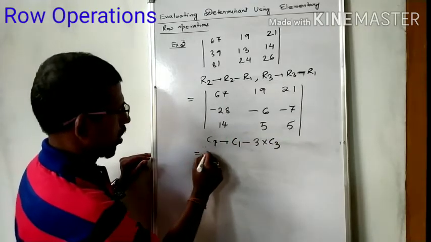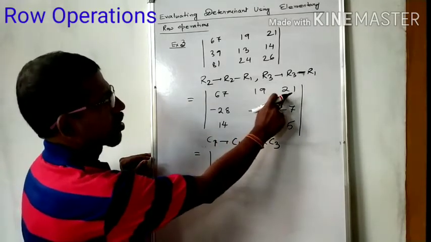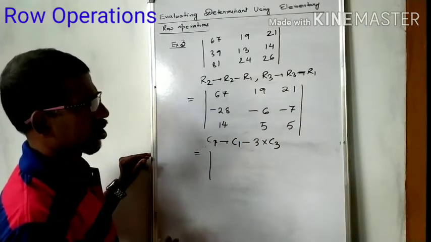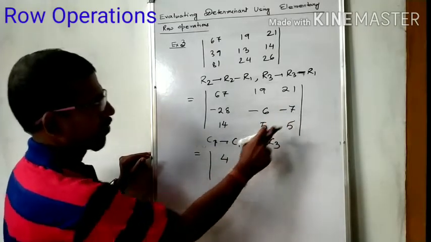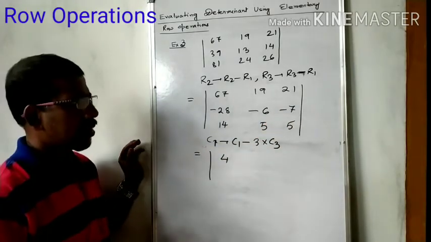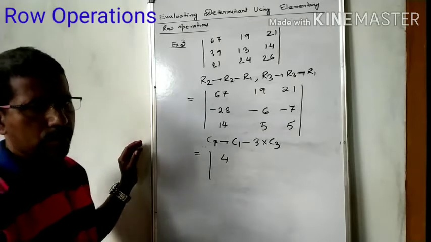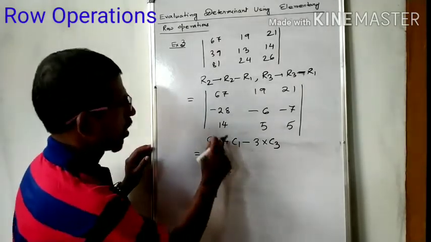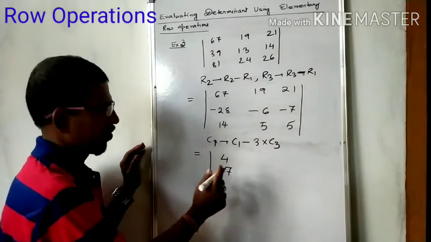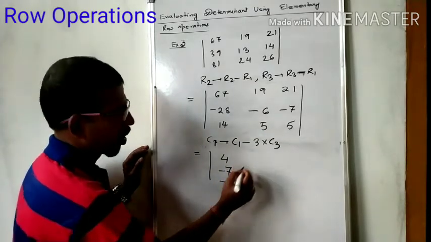So what will be here? 67, 21 into 3 is 63, so it will be 4. Minus 28, 3 times 21, so minus 28 plus 21 will be minus 7. Then 14, it will be minus 15, so it will be minus 1.